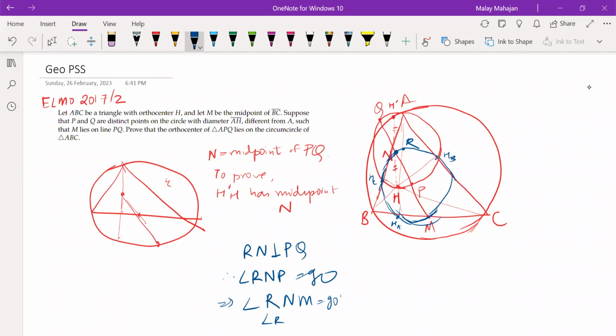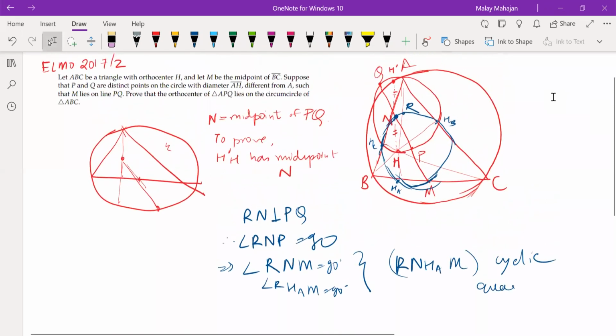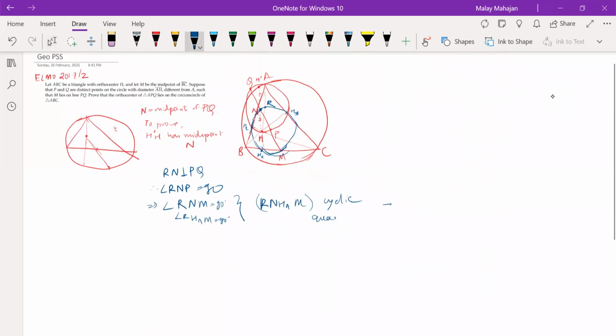But we also know angle RHAM is 90 degrees. So together these imply that RNHAM is a cyclic quadrilateral. So that implies that N lies on the nine-point circle of ABC.